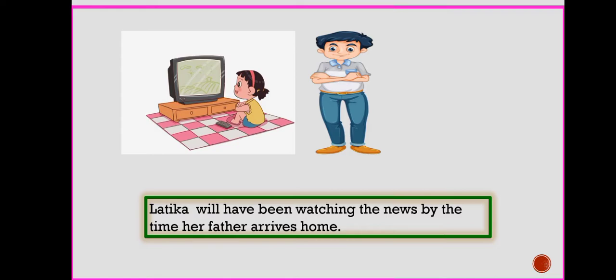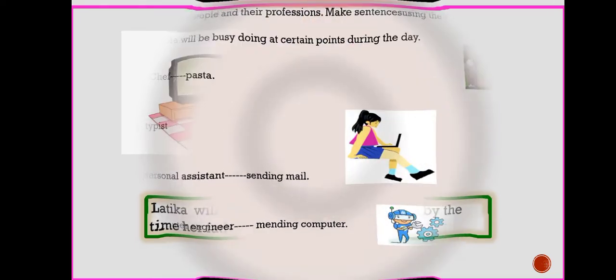Now, see the next example. Latika will have been watching the news by the time her father arrives home. Done, students? Understood? In case of queries, kindly let me know, then we can discuss in our next class.